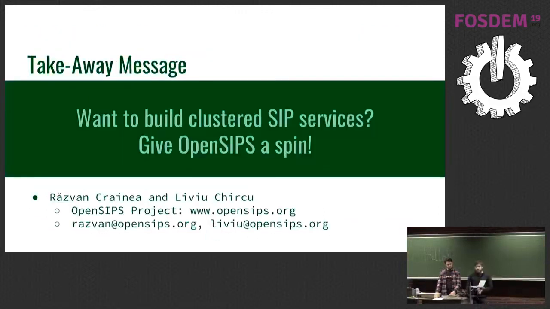So I guess the takeaway of all of this is that we've put in a lot of work into the clustering features, both in 2.4 and 3.0. That's going to happen by May, hopefully. And yeah, it's well tested. We've deployed it to a lot of our customers, and a lot of companies are using it. So we highly encourage you to give it a spin.